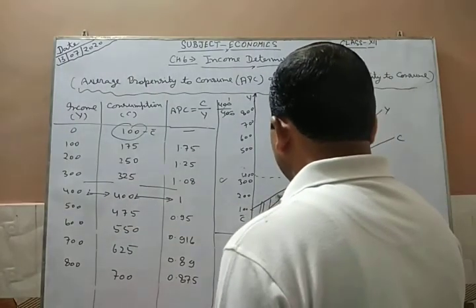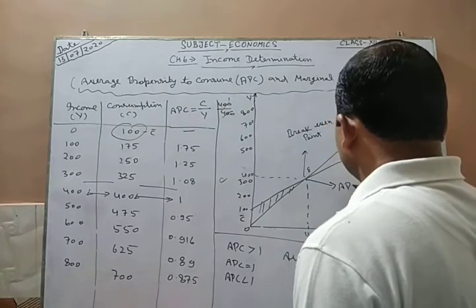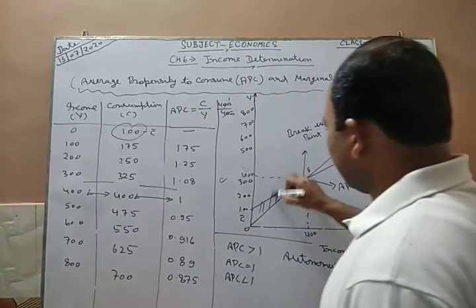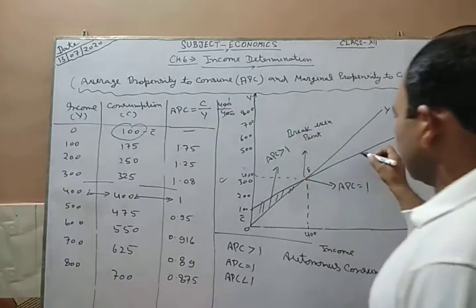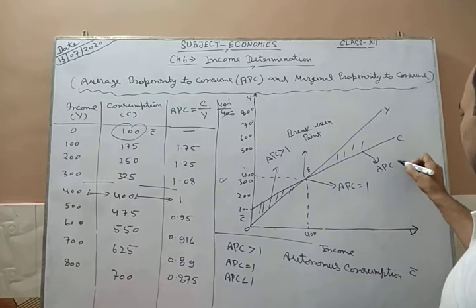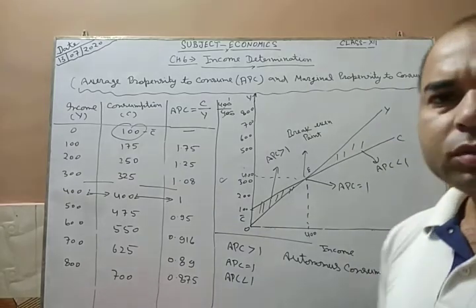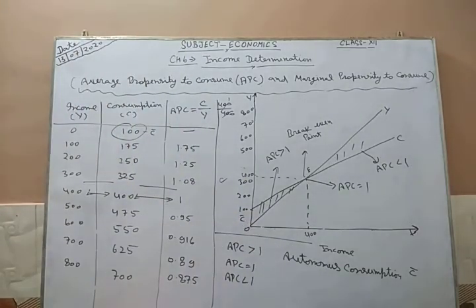In this area here APC is equal to 1, and in this area APC greater than 1. And in this area APC less than 1. I hope this is clear to students. This is a very very important topic from the point of view of exams.